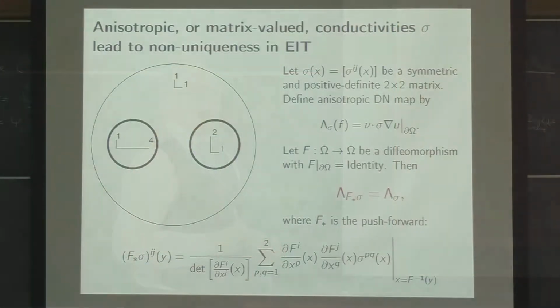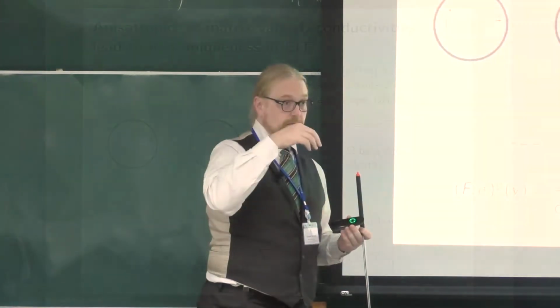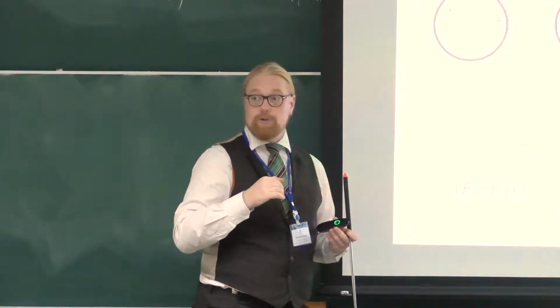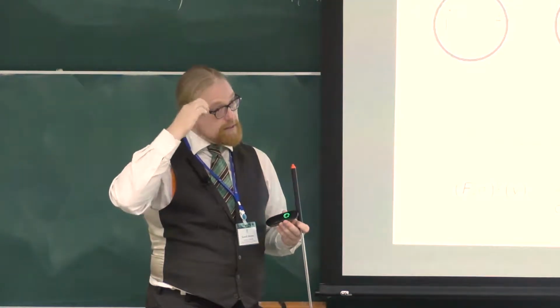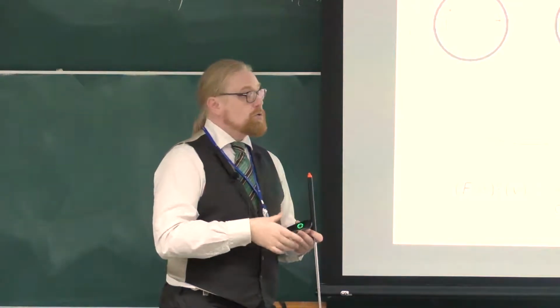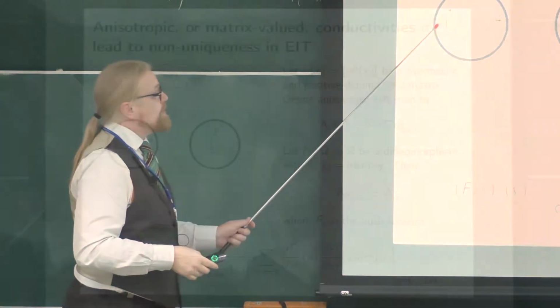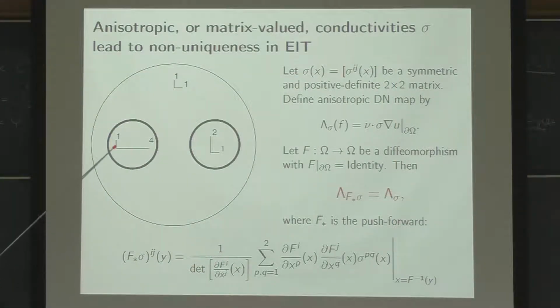Another thing is anisotropy, because for example, muscles like the heart muscle have something like 10 times more conductivity along the fibers than transversally against the fibers. Also the brain tissue is very fibrous. In those cases, anisotropic situations appear, where along different directions there is different conductivity.